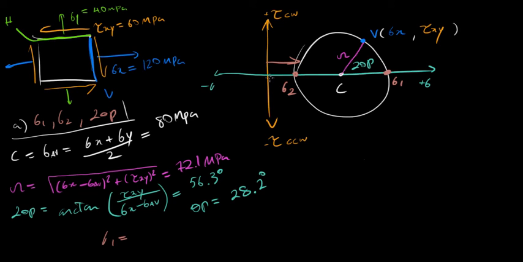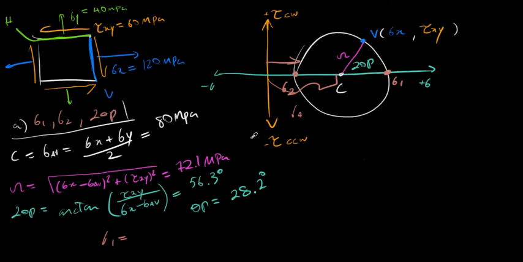Well, if we look at our Mohr circle, looking at the x-axis, the normal stress axis, from here to here is just the center, which is sigma average, right? And from here to here is the radius, right? So this plus this gives us this.